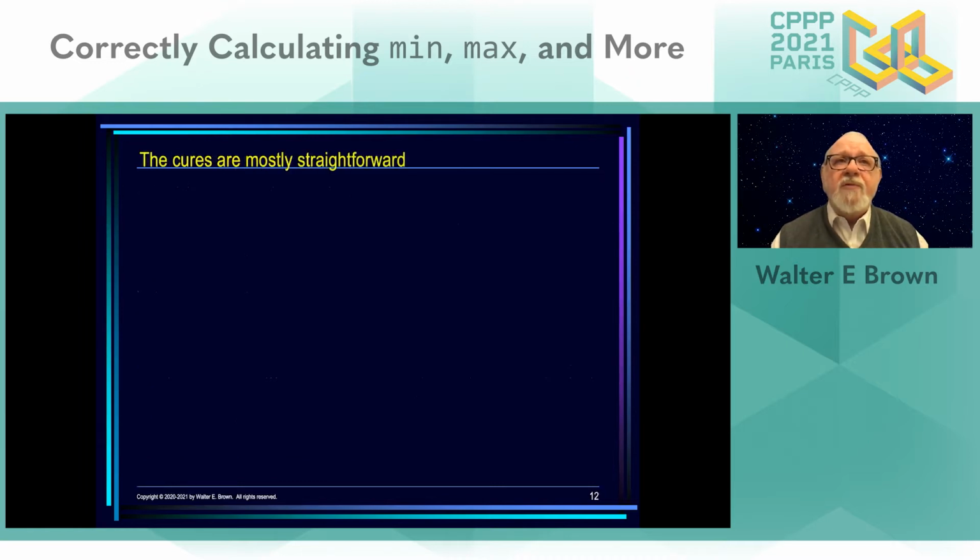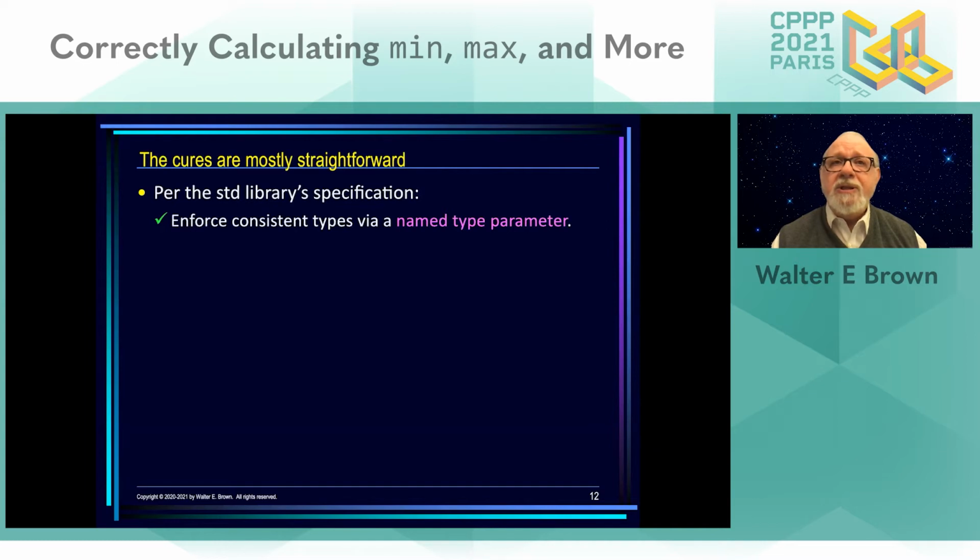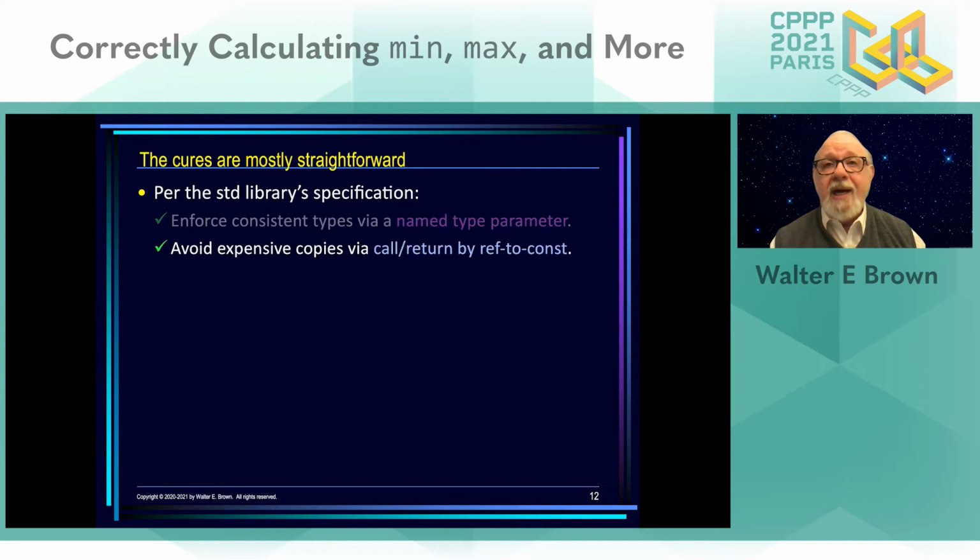Well, the cures for these are mostly straightforward, and the standard library specification embodies the cures. We can enforce consistent types by having a named type parameter and use it consistently. And we can avoid potentially expensive copies by changing the call by value into call by reference to const, but nonetheless call by reference.